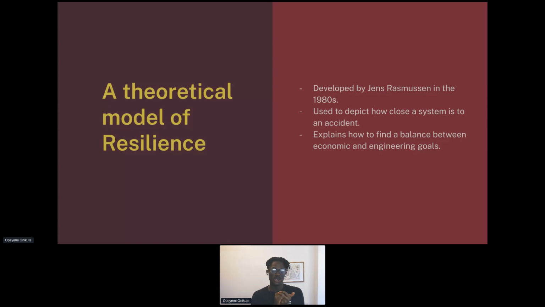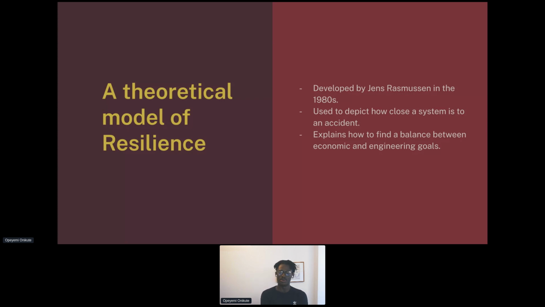The reason I want to talk about this theoretical model is, like I mentioned in the introduction, resilience is the ability to mitigate and recover from disruption in our engineering systems. And this model is important in this context because I want to use it to help the audience understand how an incident response process can move you further away from incidents.